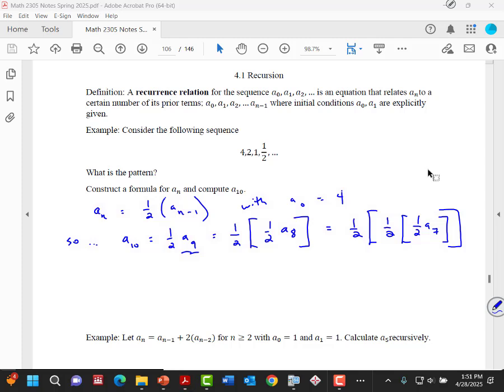And so hopefully we can see this pattern continue on downwards to where I get 1/2 to the 10th power times A sub 0. Well, this is simply 1/2 to the 10th power times 4.